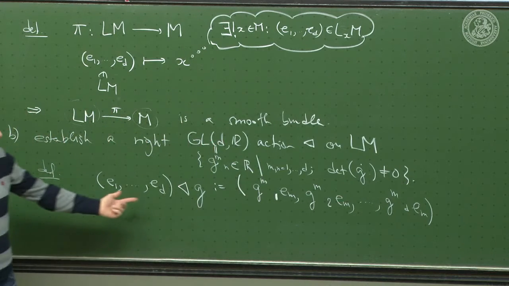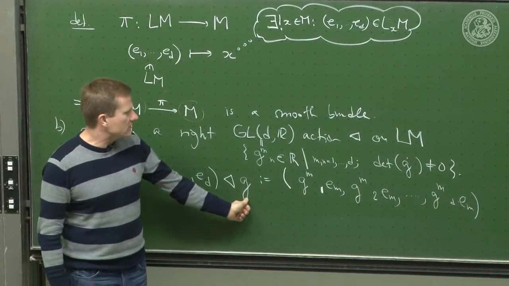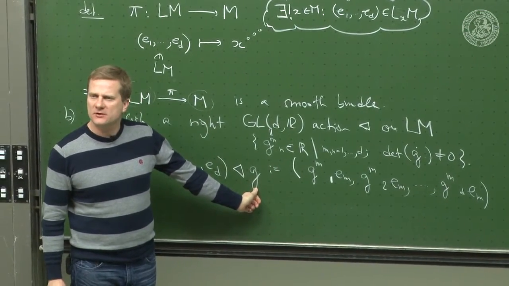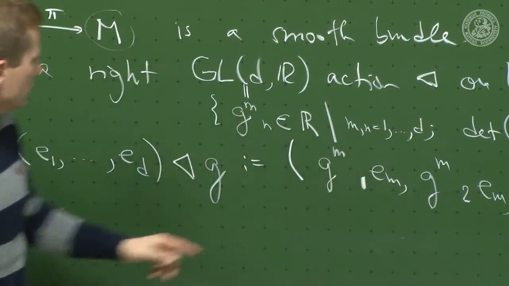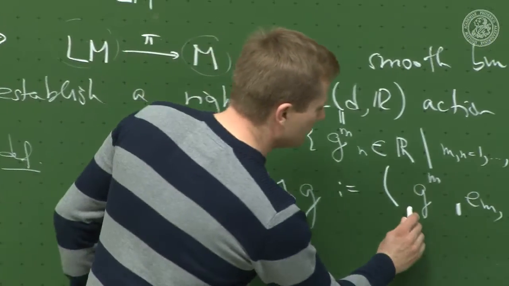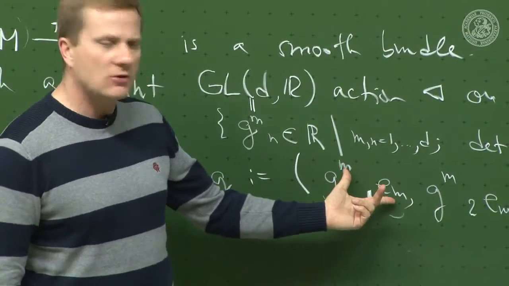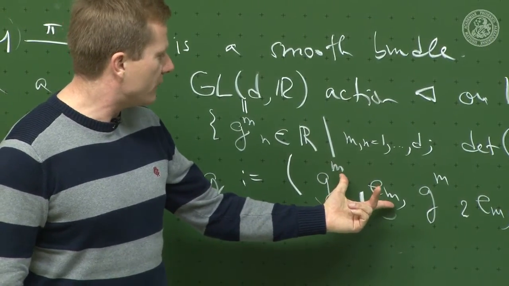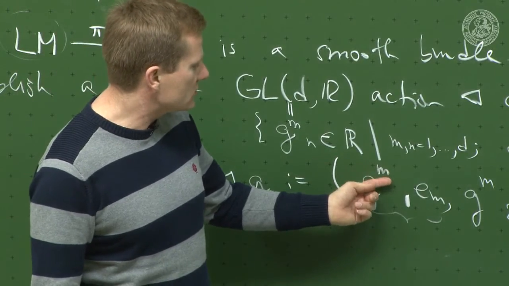Now what this of course is: you have a basis, and now you do a general linear, invertible transformation of the basis. That means the new first basis vector, the new first frame vector after the action, is a linear combination of all the frame vectors E_m you have, and it produces one new one.